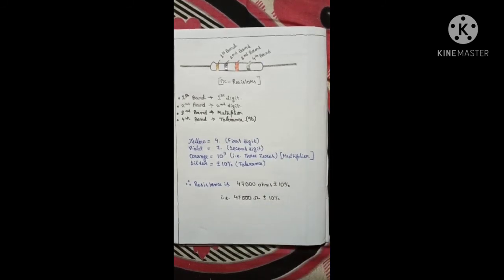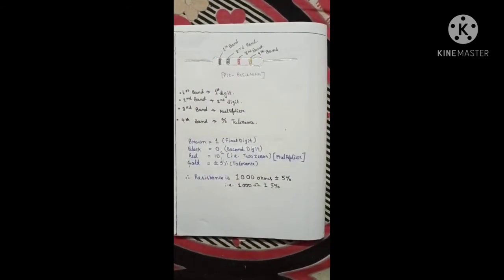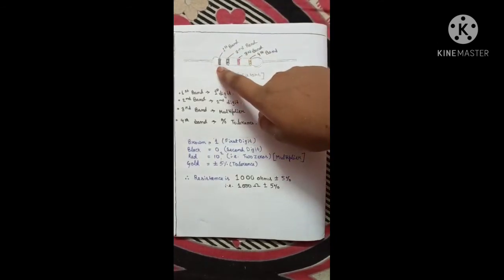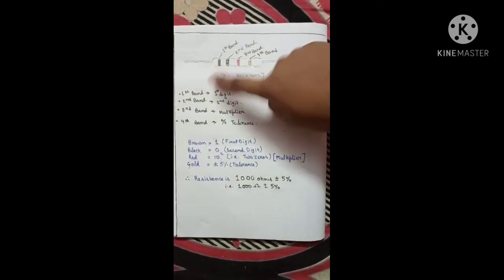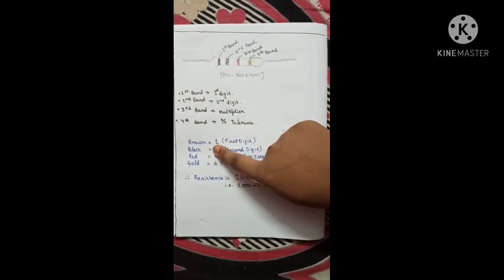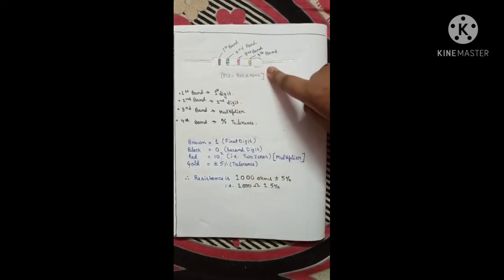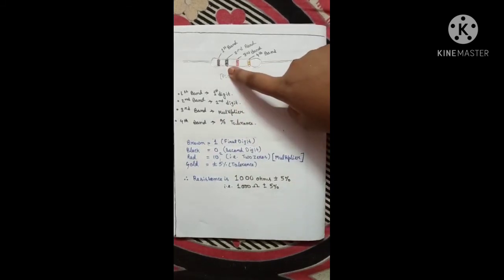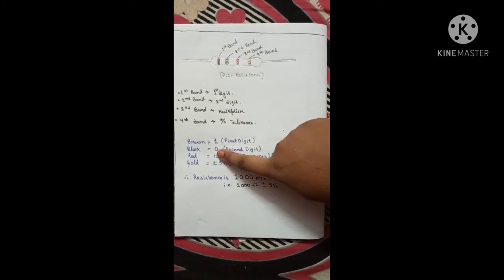Now let's see another example. Now let's take the example of this resistor. In this resistor, in the first band we have brown color, and according to the color code chart brown is 1. So the first digit of this resistor will be 1. Similarly in the second band we have black color, and according to the color code chart we have 0 in black.